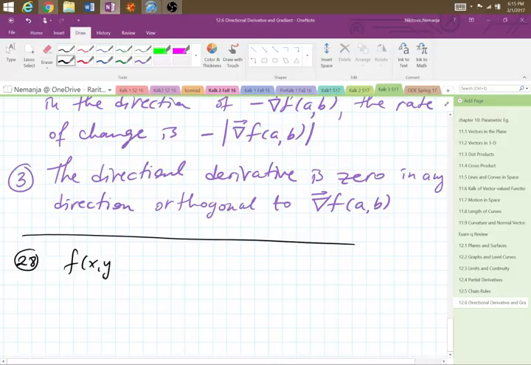Yes. Sorry to disappoint, no trig in this problem. The function is x squared plus 4xy minus y squared at the point P(2, 1). That's your a and b, 2 and 1. So find the direction of the steepest ascent and descent.